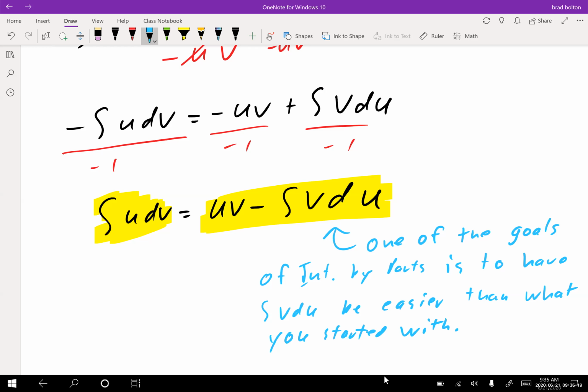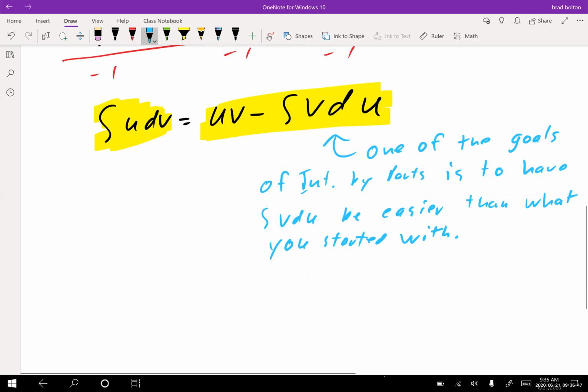So one of the goals is to have the new integral in your solution be something you know how to integrate. The whole point is you don't know how to integrate what you started with, so you're trying to break it into pieces, and then the new thing that you have to integrate should be easier than what you started with. If it's not, then that's something to worry about. That's something you definitely want to think about. Okay.